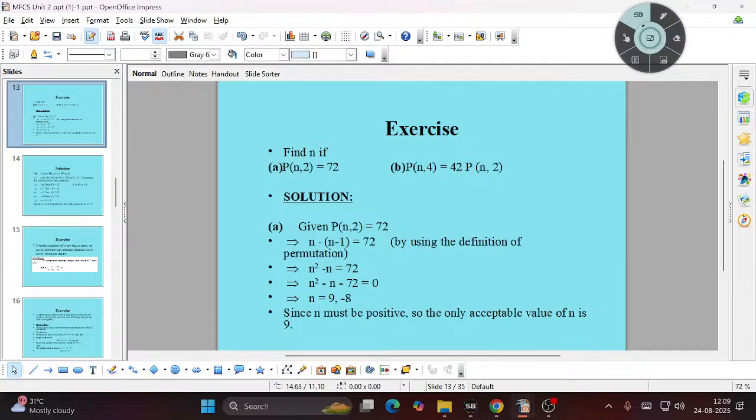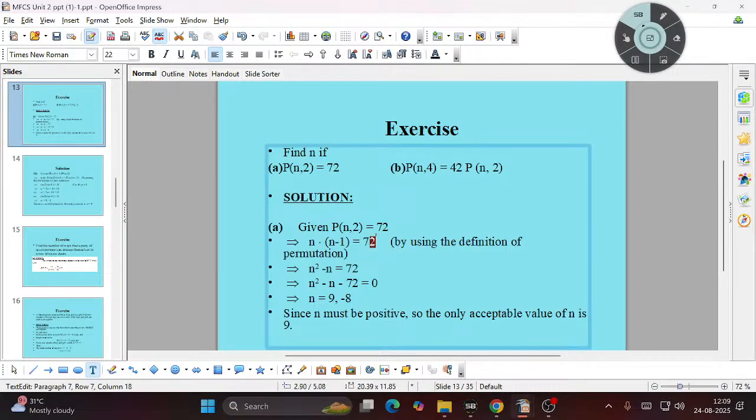These are called recurrence relations. So n into n minus 1 is equal to 72. Then n square minus n equals 72. You have done quadratic equations, remember? Same. n square minus n minus 72 is equal to 0. You are going to do n into n minus, what is that? Here, let us do this one.